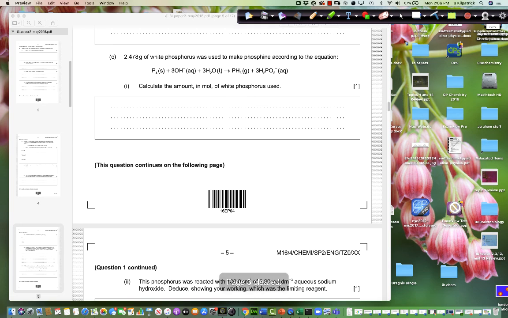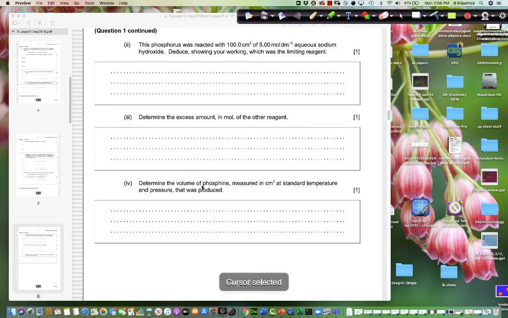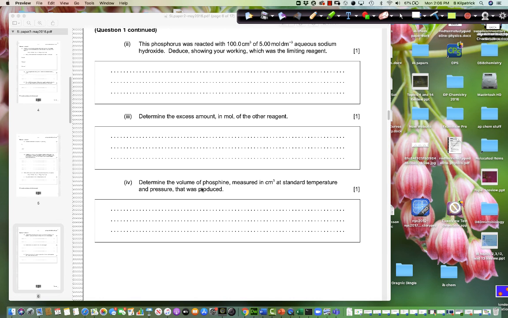All right, so the phosphorus was reacted with 100 cubic centimeters of 5 moles per liter aqueous sodium hydroxide. Okay, deduce, showing your work, which was the limiting reagent. All right, so I know from the previous problem that I have 0.0200 moles of P4.